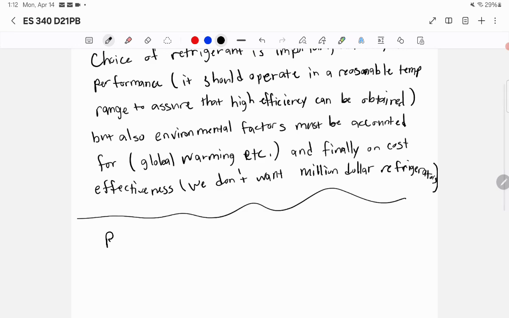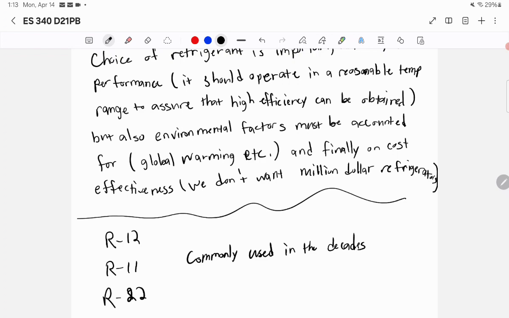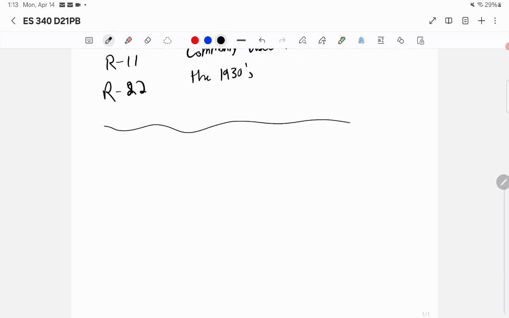Okay, so commonly used ones were R12, R11, R22, and so on. I think these were commonly used in the decades following the 30s. And then commonly used today, not that there's not others that are used. As I mentioned, there are others, and you can go take a look.